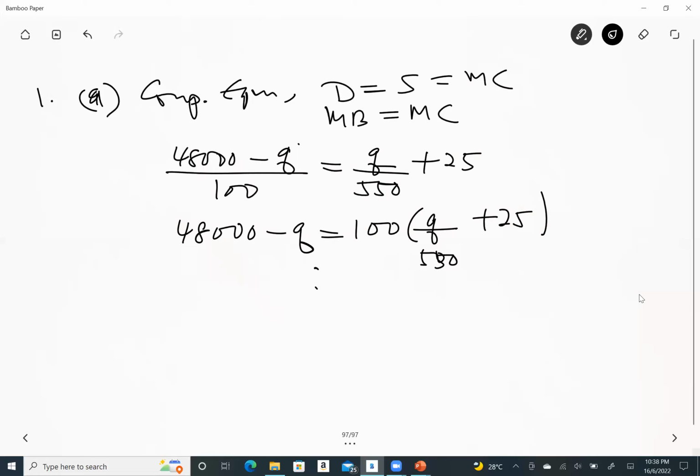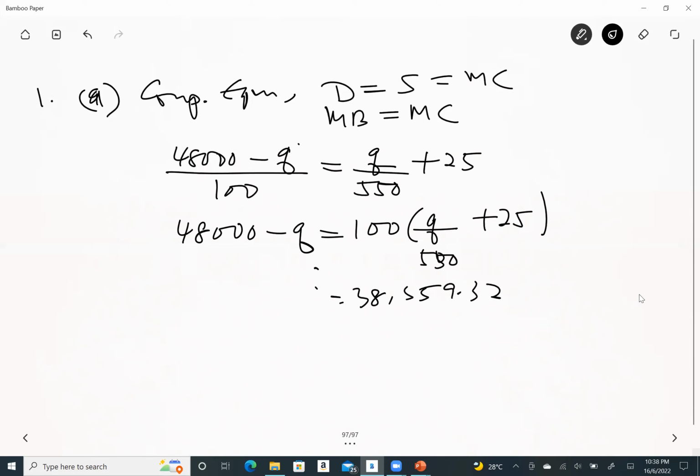So Q is equal to 45,500 equal to 58,559.32.